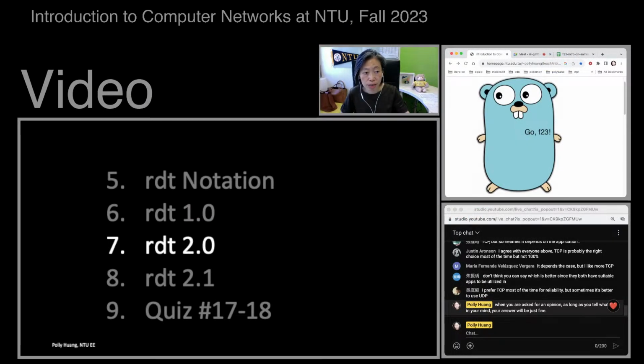So you see, RDT 1.0 is trivial and it's not useful either, because if the network channel is reliable, then we don't have to talk about a reliable data transfer mechanism, isn't it? But looking at those state machines, the sender is always triggered by having a message to send from the application layer.